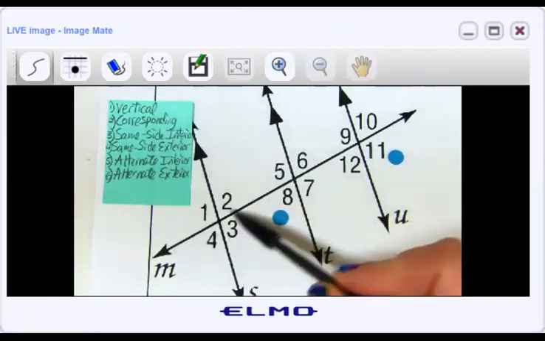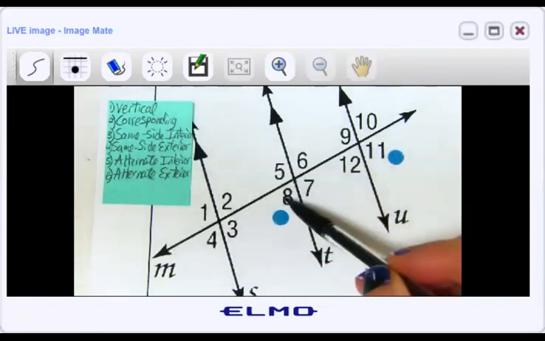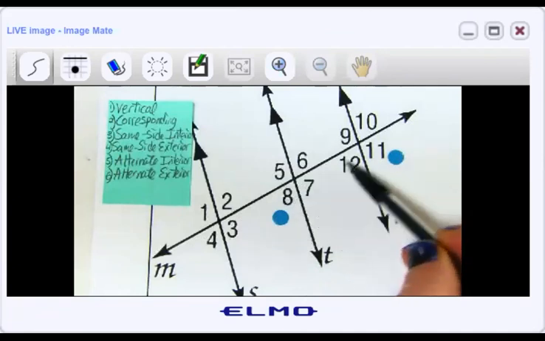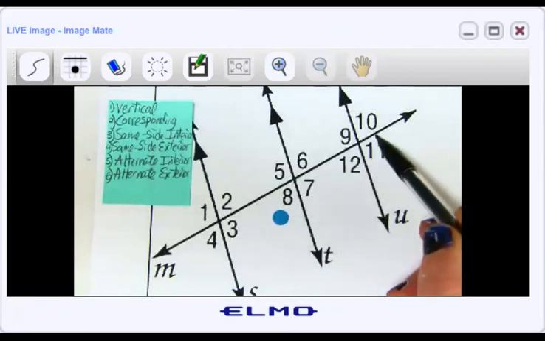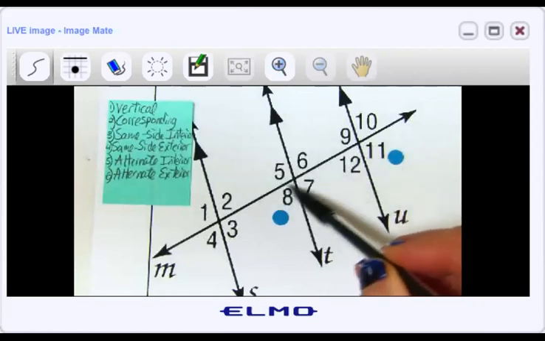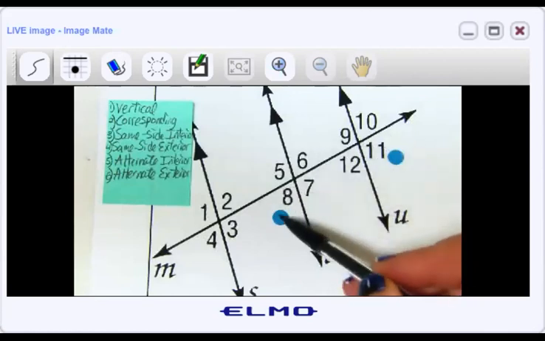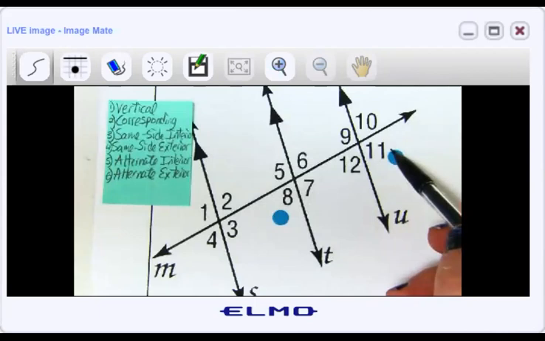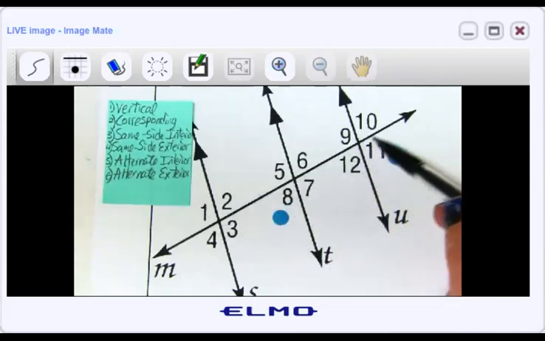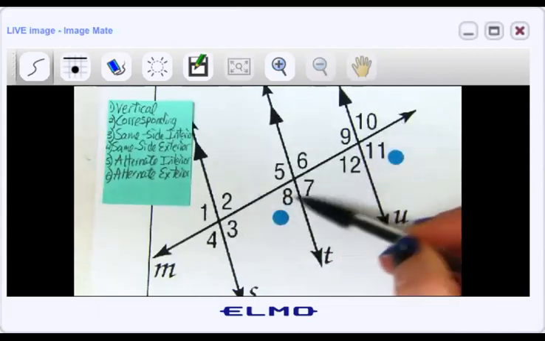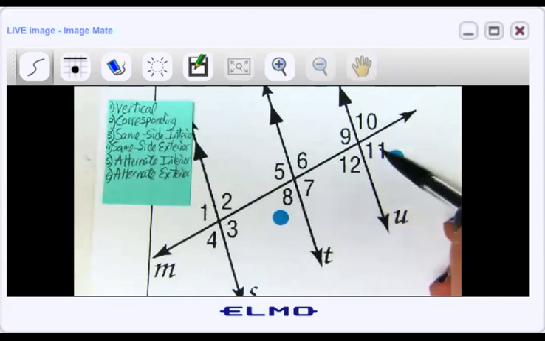So line M would be the one that connects them, right? If I'm trying to get from angle 8 to angle 11, I'm going to go along this line. So I would say that they're on the same side because they're both below that line. So if I'm looking at just line M, the two angles that I'm focusing on, 8 and 11, are both below that line. So they're going to be same side. So that's going to be my first word. Now you need to decide if they're going to be interior or exterior.